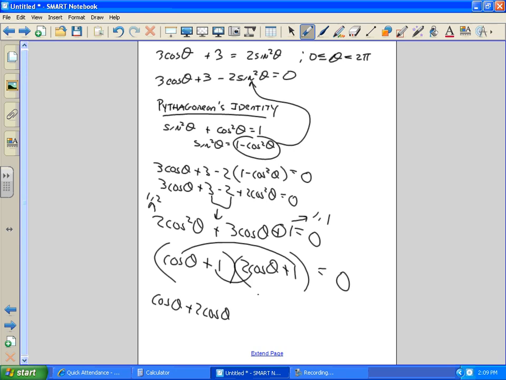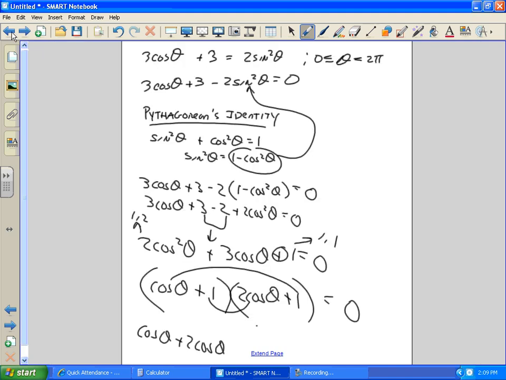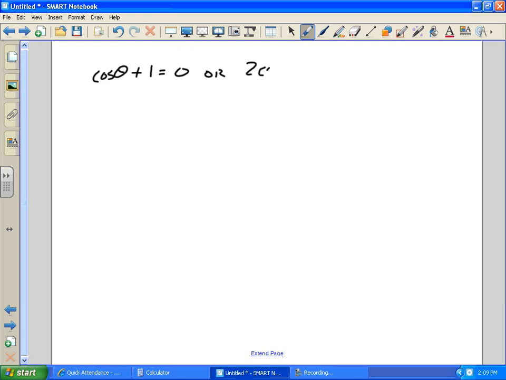So I'm going to go to another page, and we have here cosine of theta plus 1 equals 0, or 2 cosine of theta plus 1 equals 0. So I subtract 1, I get the cosine of theta equals negative 1. Where on the unit circle is the cosine of theta equal to negative 1?